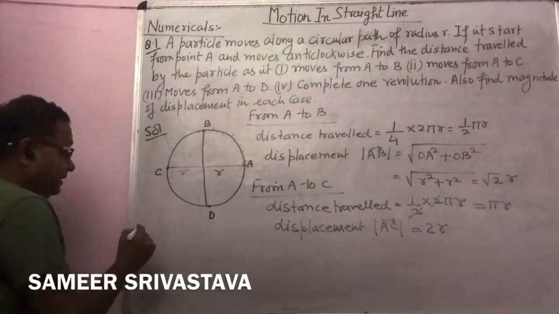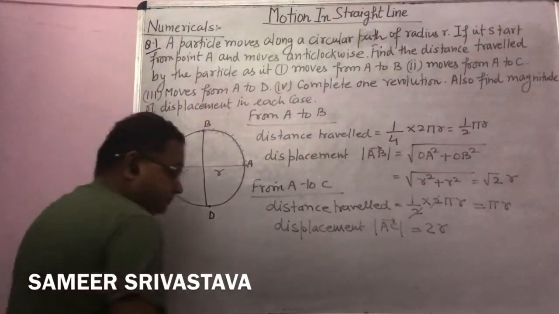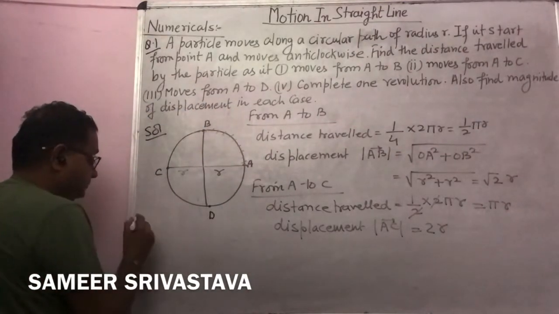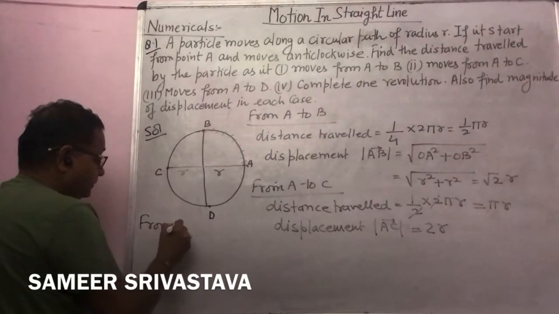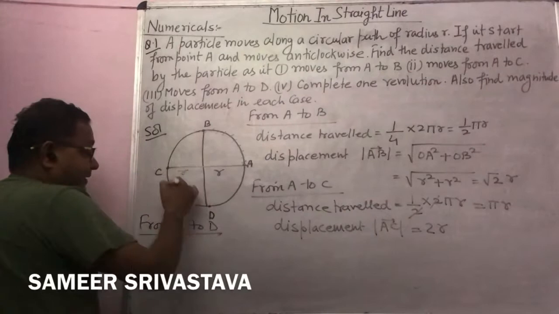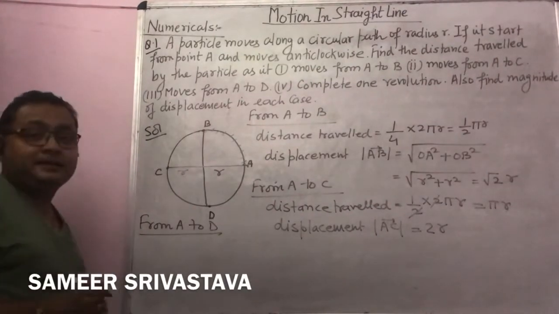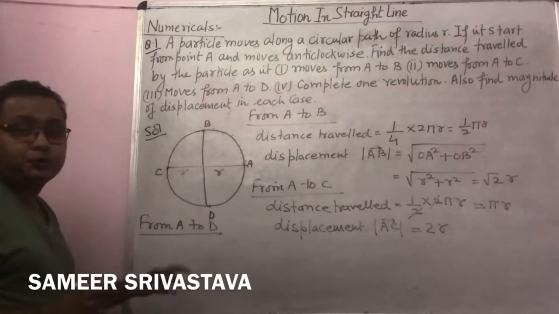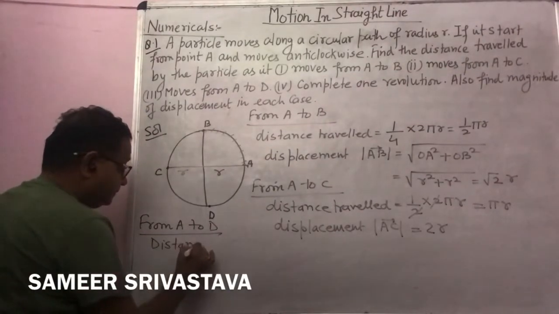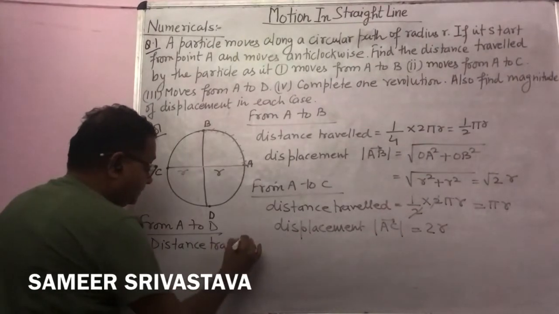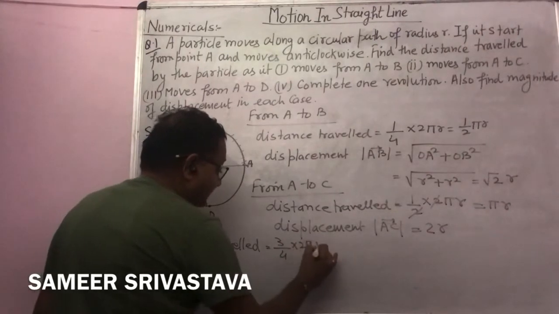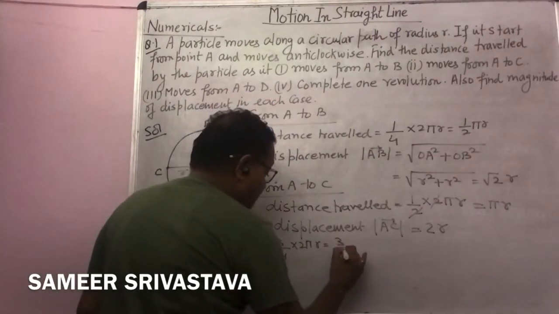Okay. Now for the third case, from A to D. From A to D, that means the particle covers 3/4 part of the total distance. So here the distance is 3/4 of 2 pi r, that is equal to 3/2 pi r.